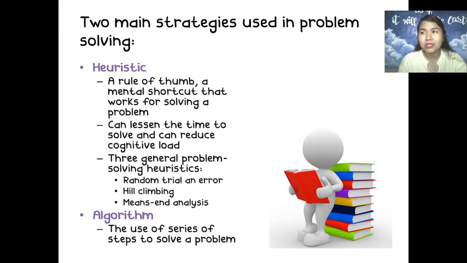Diba sometimes may panahon na kapag urgent talaga yung problem at kailangan na natin ma-solve, ginagamit natin heuristic, mabilisan. Okay? Then kapag sinabi naman natin algorithm, sometimes we use a step-by-step kapag alam naman natin meron tayong enough na time. Nakuha? So those were the two main strategies used in problem solving.